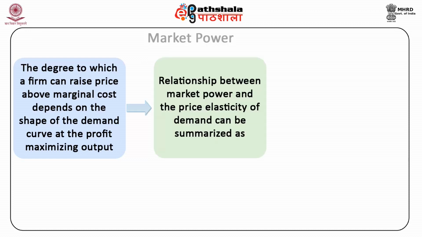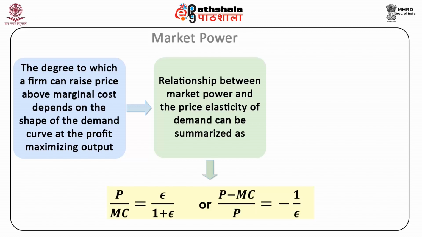The relationship between market power and the price elasticity of demand can be summarized by the following equation. P by MC equals E by (1 plus E), or (P minus MC) by P equals minus 1 by E, where E is the elasticity of demand, which is negative.